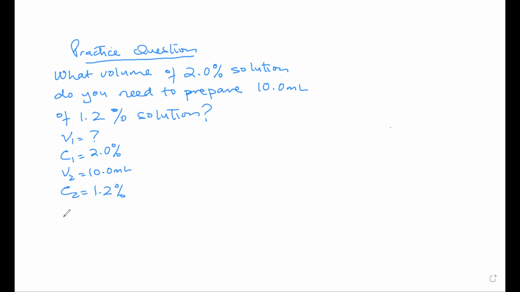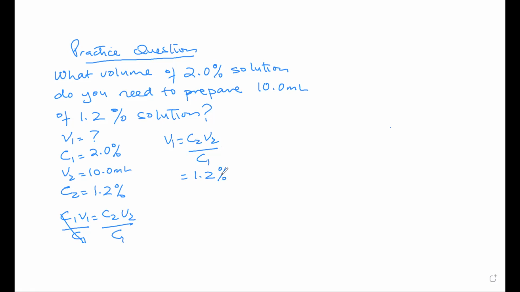So with all of this, given that it's a dilution problem, that's how you then use this formula. We want the initial volume, so we divide by C1 and cross out. So V1 is C2 V2 over C1. Now, do we know C2? Yes, 1.2%. Some students may want to do 1.2 over 100.